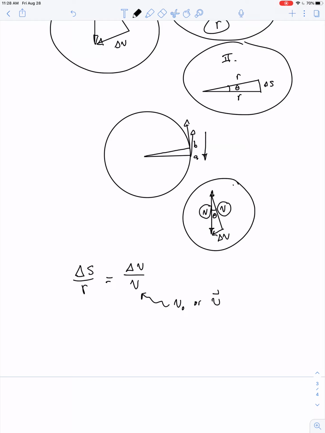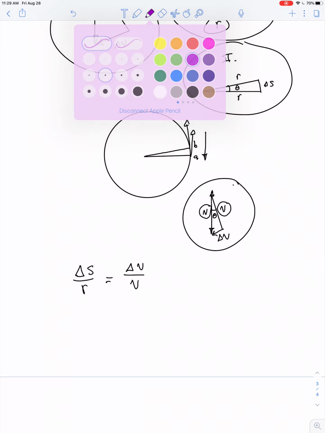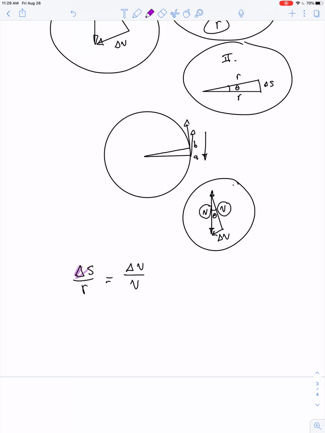All right, and let's be clear. I'm not trying to convince you that delta s is equal to delta v or that r is equal to v. I'm saying in total, the ratio of delta s over r is the same as the ratio of delta v over v. That's sort of like saying the ratio of 4 over 8 is the same as the ratio of 1 over 2.